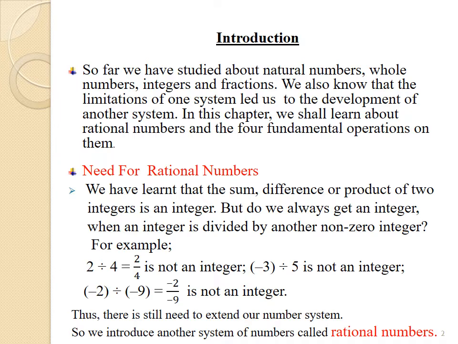Fraction. A fraction is a number which can be expressed in the form of a upon b, where a and b are natural numbers and b is not equal to 0. Thus, the numbers of the form a upon b, where a and b are natural numbers, are called fractions.